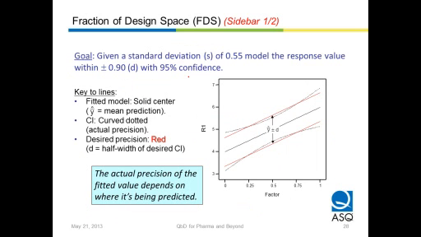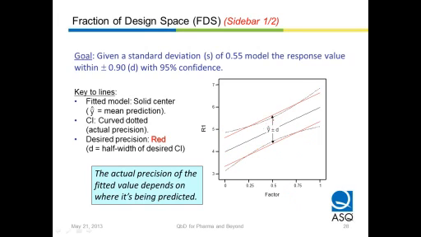So what is FDS? Just a quick sidebar here. It's the fraction of design space that falls within the requirements that we have for the precision. Here's a really simple case where we have one factor X, and we're measuring one response, R1 or Y1. We do a fitting on this, and we find that it follows a straight line, which is the middle part here. Naturally, if we draw in the plus or minus interval on this, it forms this kind of flared out line, which is a dotted line.